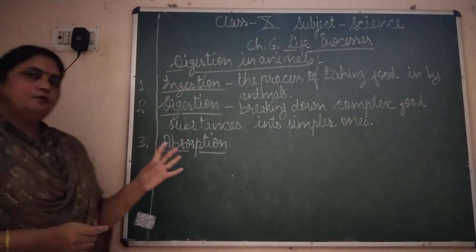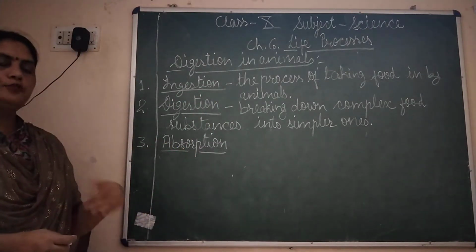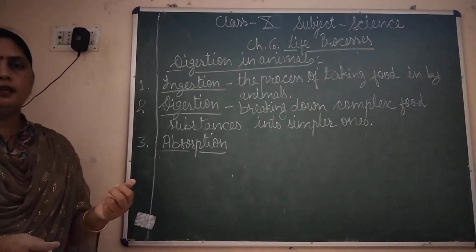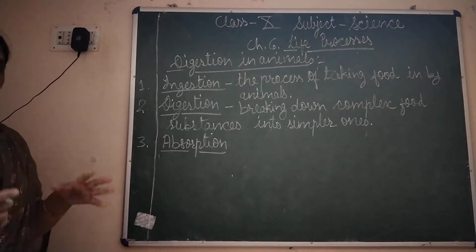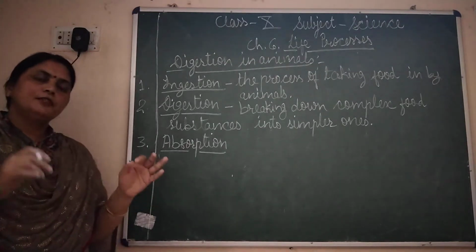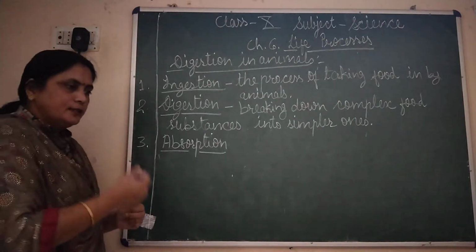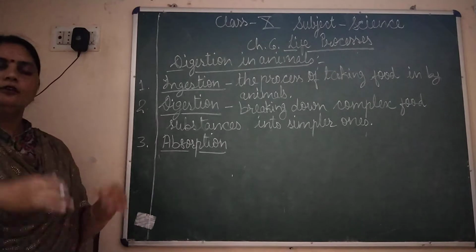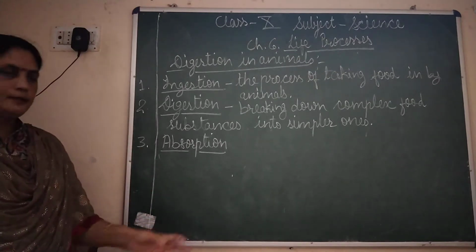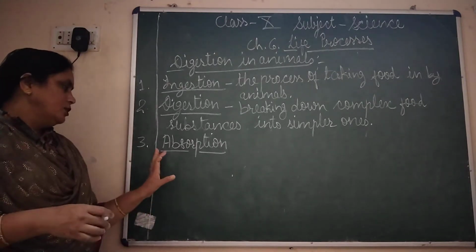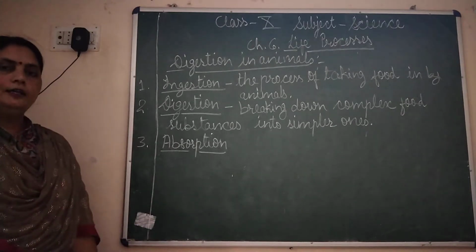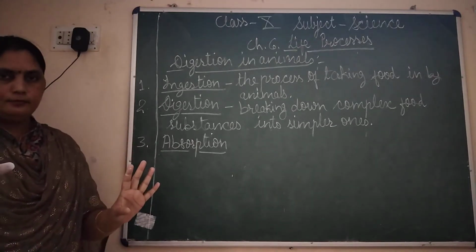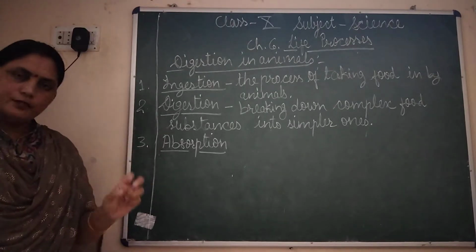By digestion, the food is converted into absorbable form. That is, now it is in liquid form and it can be absorbed by the walls of intestine or whichever organ is concerned with absorption in different animals. So absorption means to absorb the food substances into some walls or some tissues or some cells.